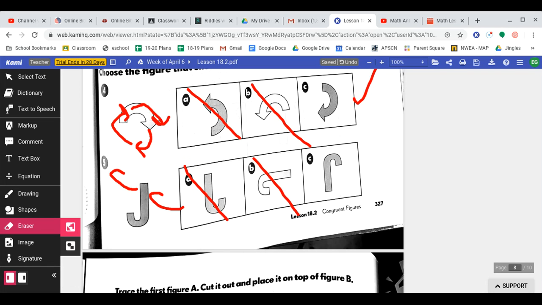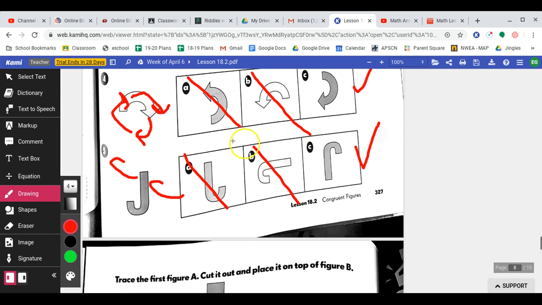Let me draw that one out for you. If we've got a letter J here, if it has turned once like that, and then another time like that, it would look just like what you see here. So this is the correct one to show a turn. So the answer is C.